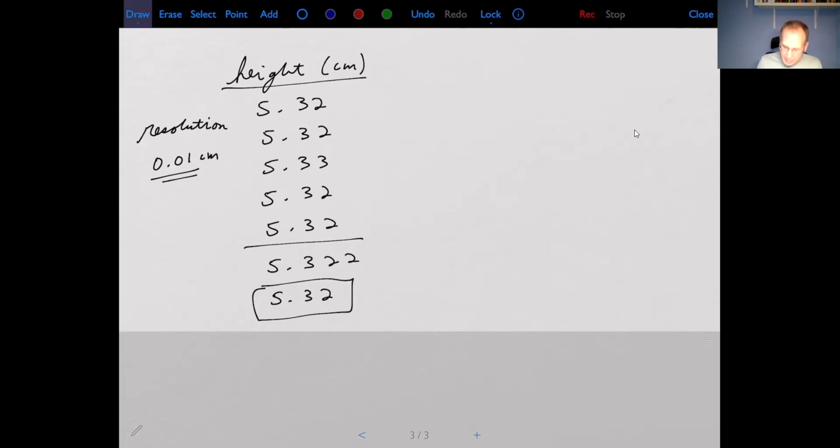Next, we form that second column of the absolute deviations, also in centimeters. Remember, that's how far each data value is away from the average, away from the mean.